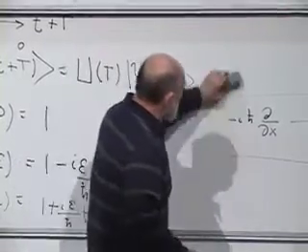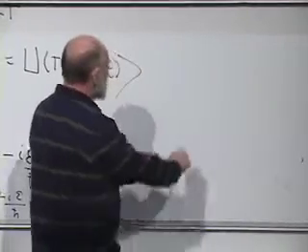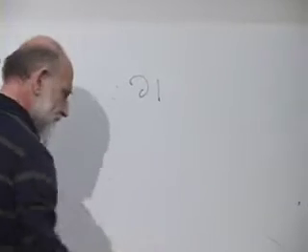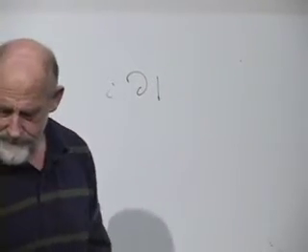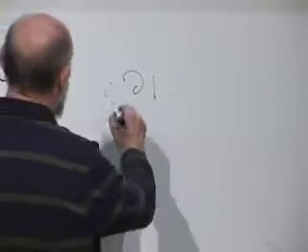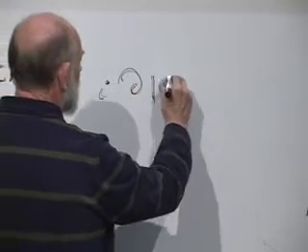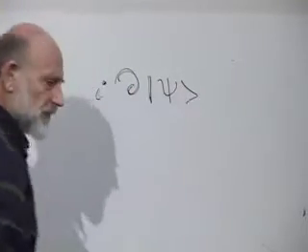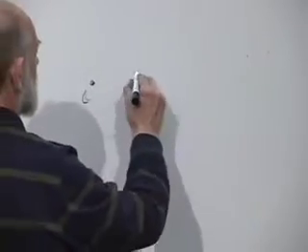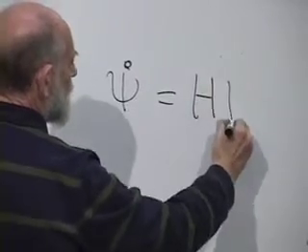The Schrodinger equation is that i d psi by dt, which is also called psi dot, is equal to h psi.